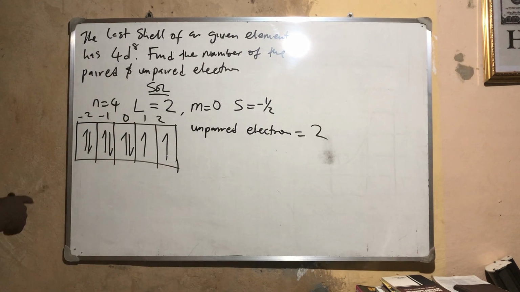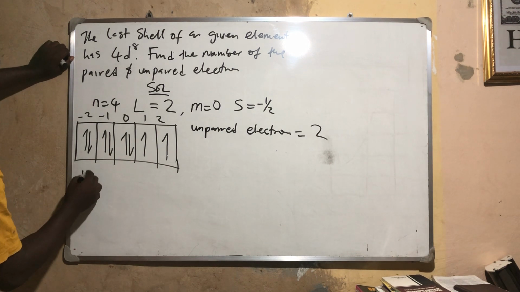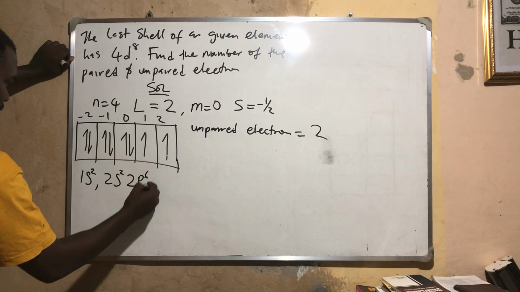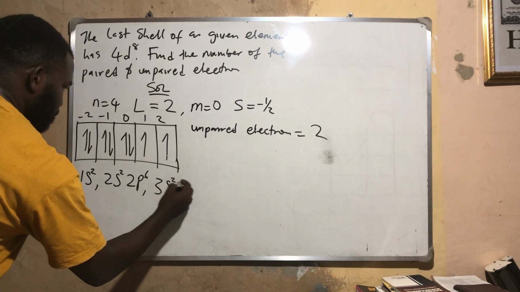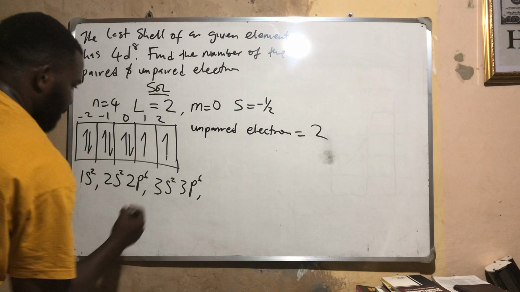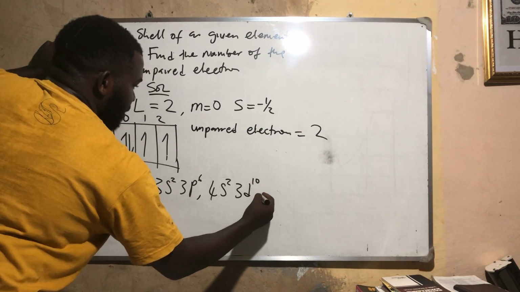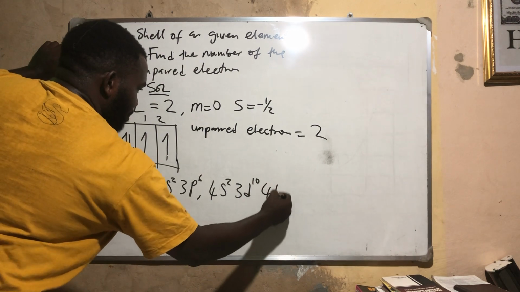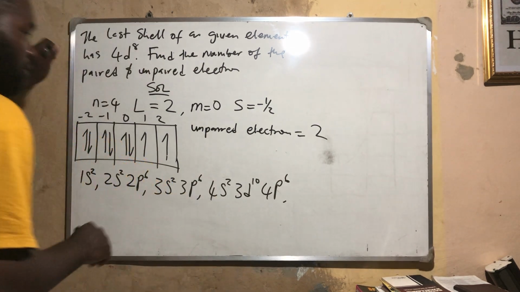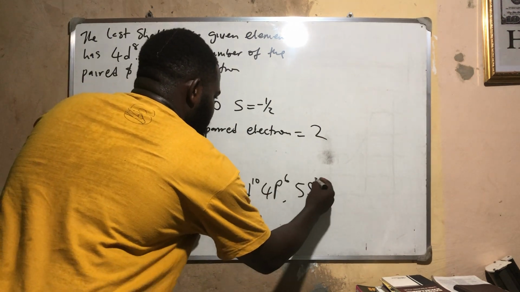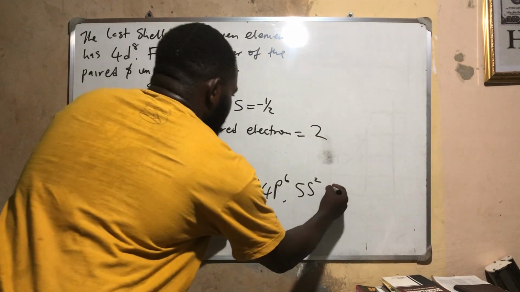So how do you get the paired electron? First of all, let us write the electronic configuration of this atom. We have 1s2, 2s2, 2p6, 3s2, 3p6, then 4s2, 3d10, and 4p6. We continue again: 5s2, then 4d.